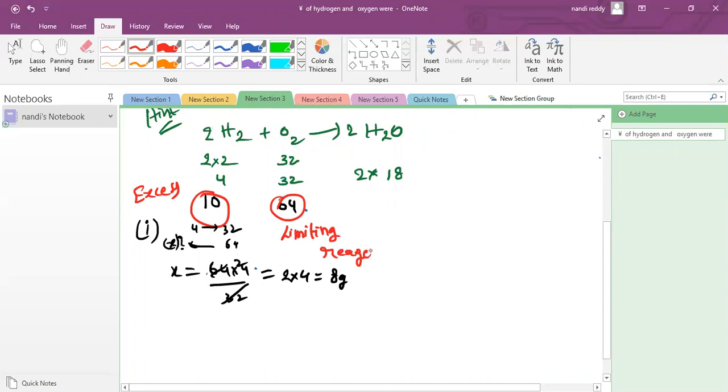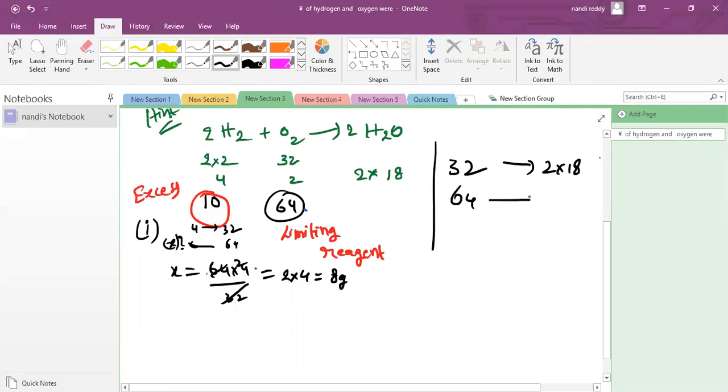Product formation is decided by the limiting reagent only. Is it clear? So now I am going to proceed according to the limiting reagent. 32 grams of oxygen gives how much? 2 into 18 grams of water.